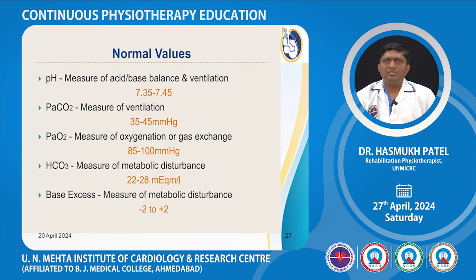PCO2 normal value is 35 to 45 mmHg, a measure of ventilation. PO2 normal value is 85 to 100 mmHg, a measure of oxygenation or gas exchange. HCO3 normal value is 22 to 28 milliequivalent per liter, a measure of metabolic disturbance. Base excess normal value is minus 2 to plus 2, a measure of metabolic disturbance.